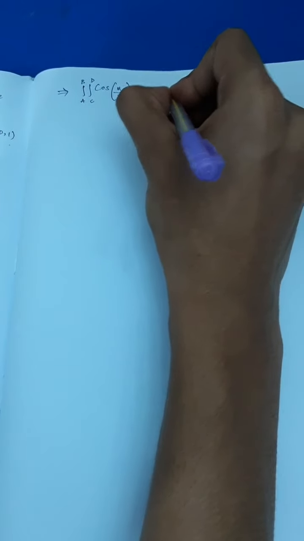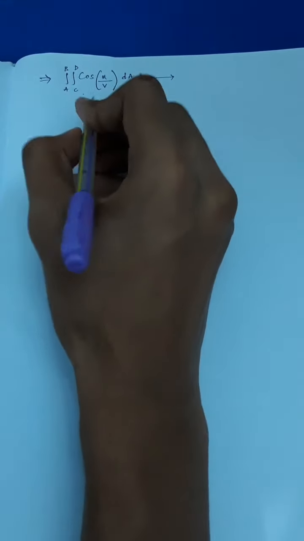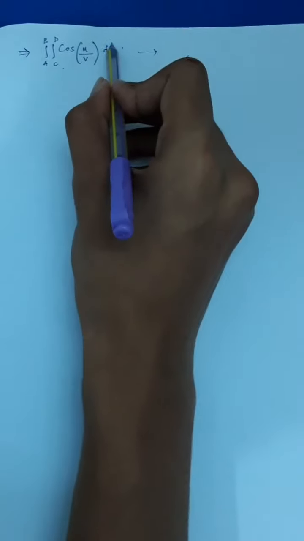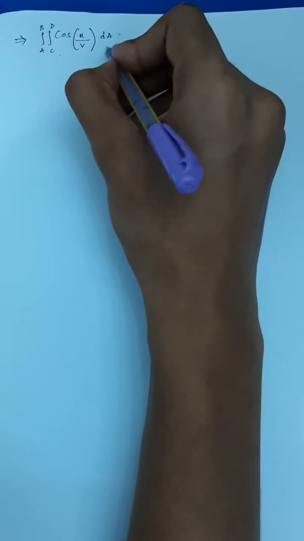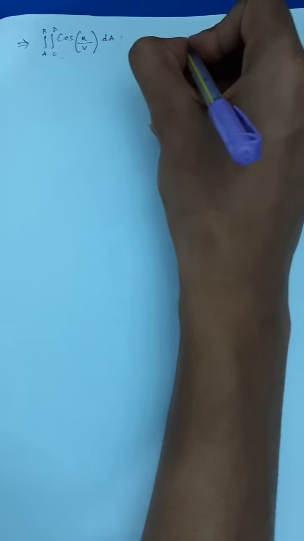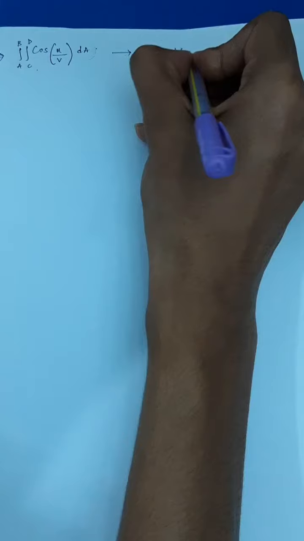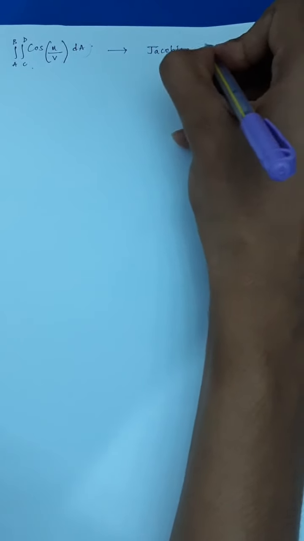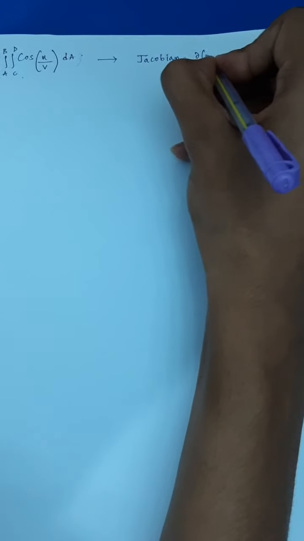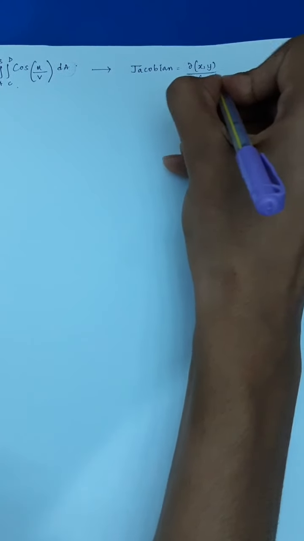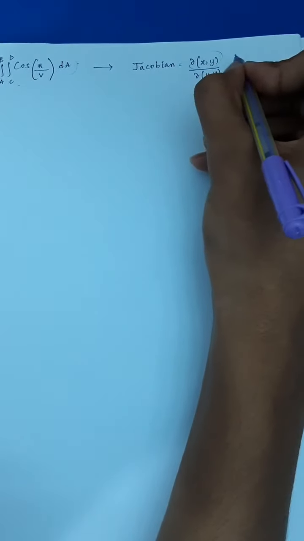So now, in order to change variables, we need to know the limits as well as the Jacobian, which would be multiplied when changing the variables. So evaluating the Jacobian is nothing but the partial derivative with respect to u and v of x and y.